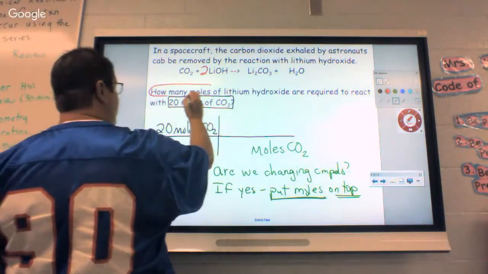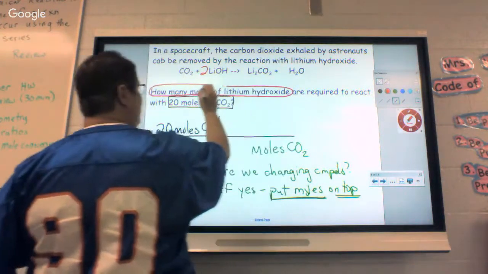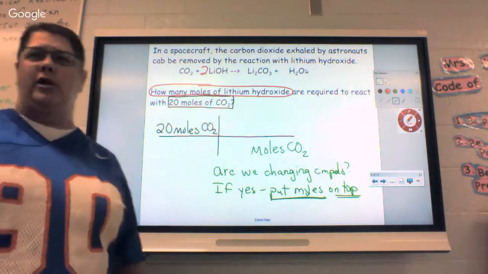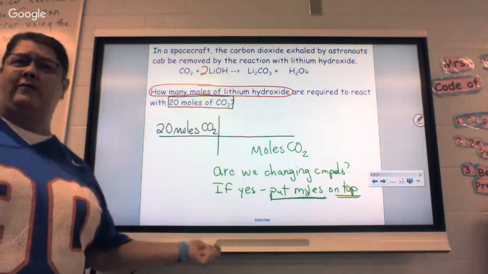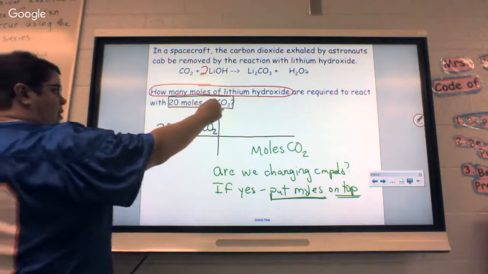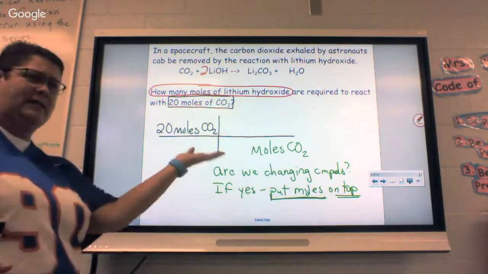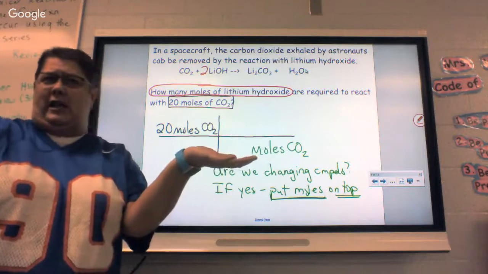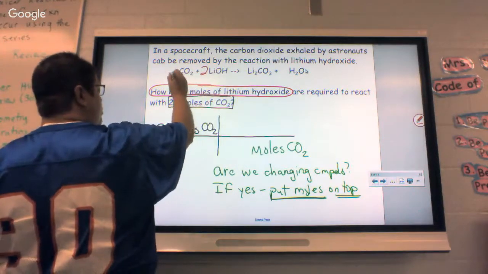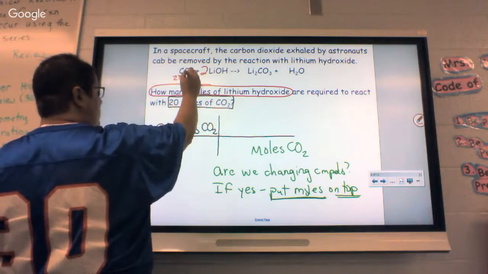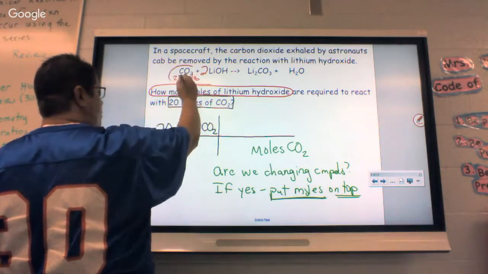So, look in your question up here. We're looking for how many moles of lithium hydroxide. Are we going to change compounds if we're looking for lithium hydroxide? What did they give us to start with? Carbon dioxide. It's carbon dioxide and lithium hydroxide, the same compound? No, they gave us 20 moles of CO2.